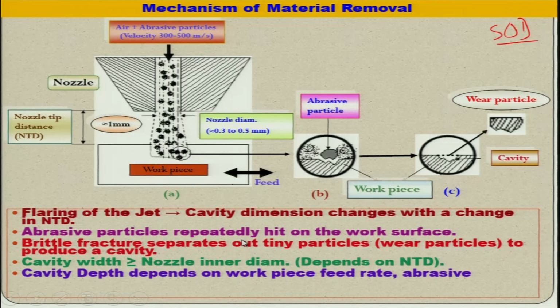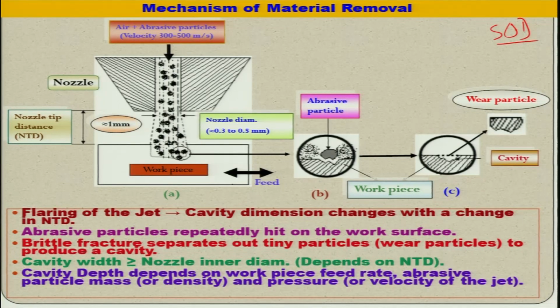Cavity depth depends on workpiece feed rate, abrasive particle mass or density, and pressure, because feed rate, particle mass or density, and pressure are going to affect the energy with which the abrasive particles are hitting the workpiece, and for how long they are in contact with the workpiece surface will be decided by the feed rate.